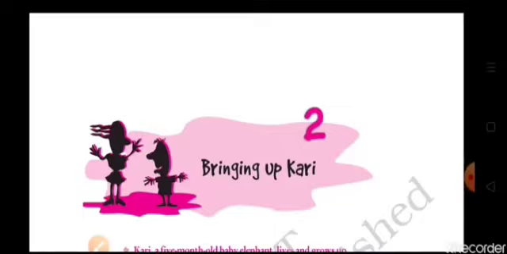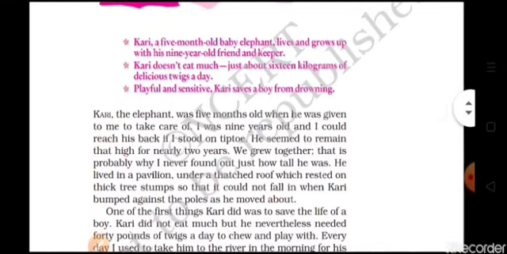Now let's move to the first paragraph of this story. Here we can see the key points of the first part of the story. Kari, a 5-month-old baby elephant, lives and grows up with his 9-year-old friend and keeper.